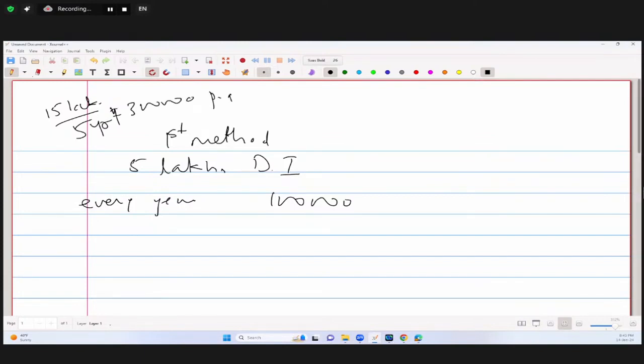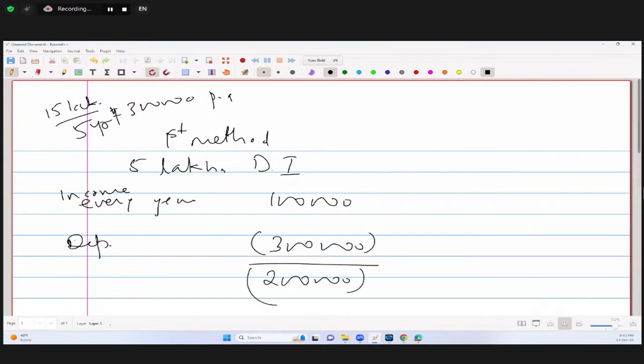So this 1 lakh is your income in your statement of profit and loss, and in your statement of profit and loss, depreciation will be 3 lakh. So the net impact on your profit and loss will be 2 lakh expense. Now, if we see the second method, what will happen?